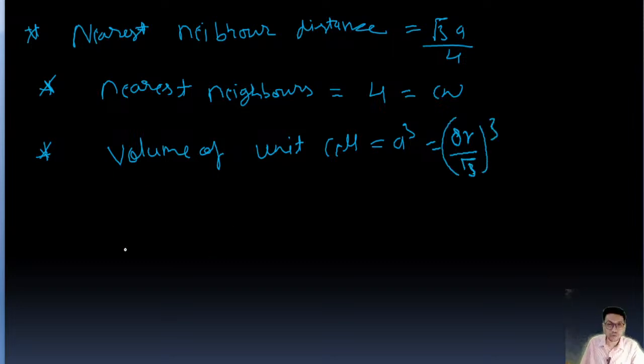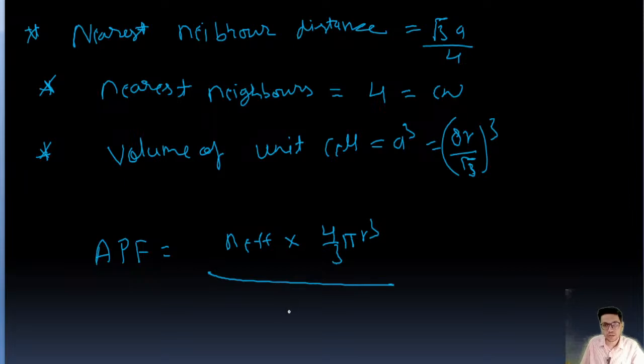Okay, so now we'll find out APF, that is atomic packing fraction. The atomic packing fraction formula we know, N effective into volume of each atom, 4 by 3 pi r cube, upon the volume of the unit cell, a cube, right?